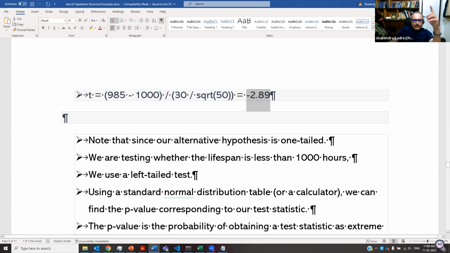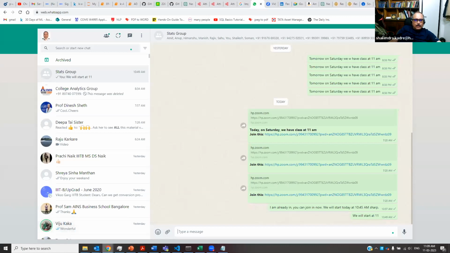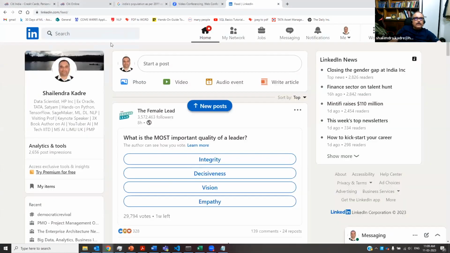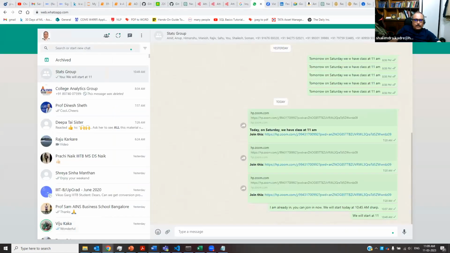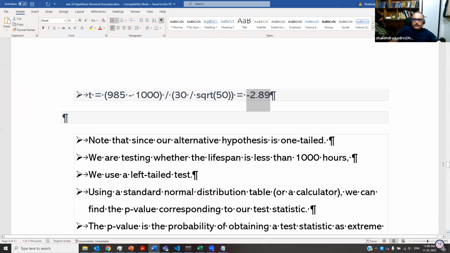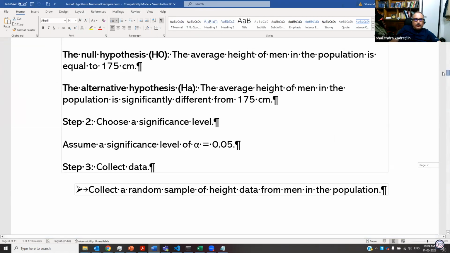This calculator link I have already given in Example 1. From this document only, I can open it.